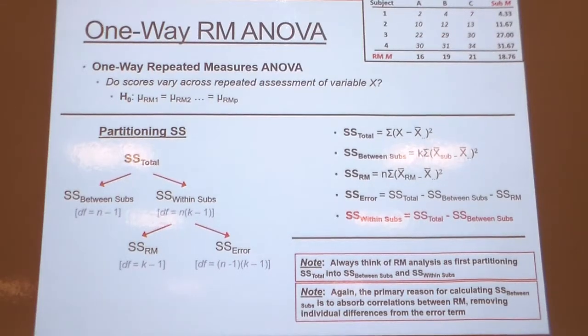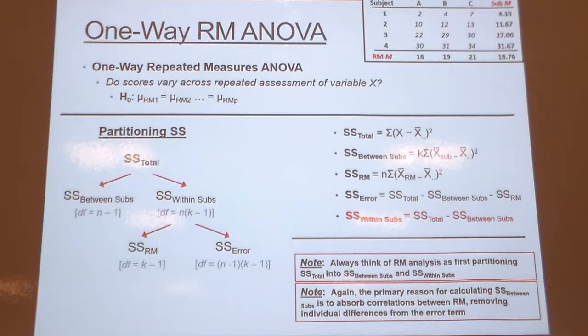But what we're going to do here is start parceling out this variability a little bit differently, okay? So we're going to start out with our sum of squares total. This is that treatment table from the previous slide. We've got 4 participants, and we're measuring them across 3 different time points.